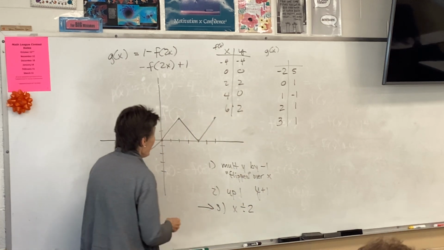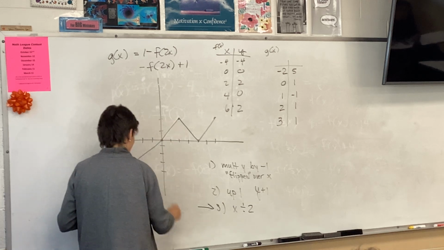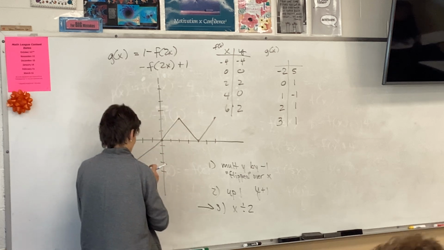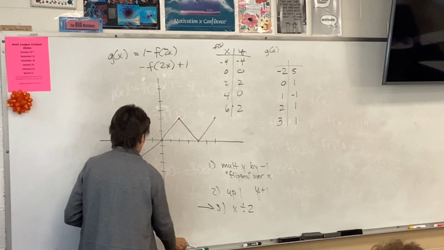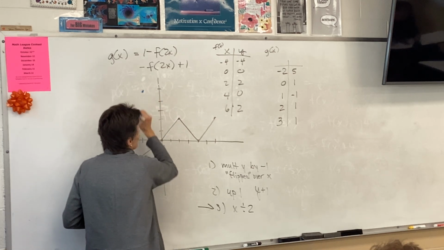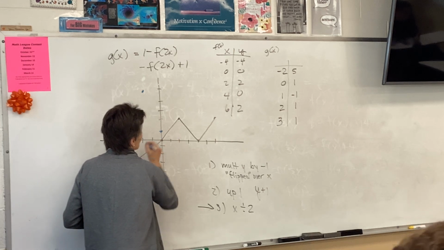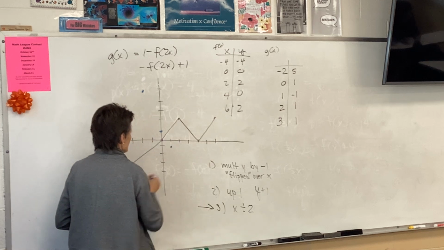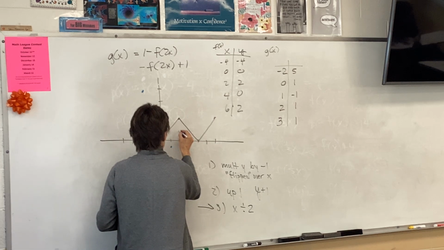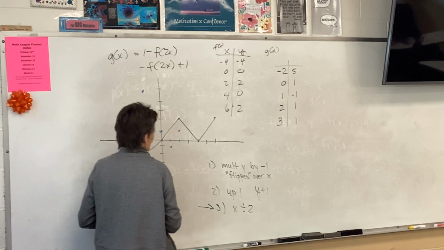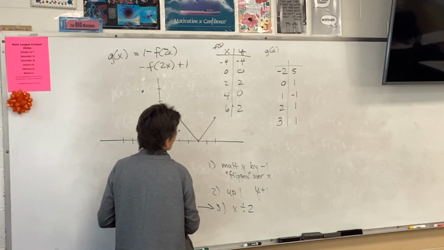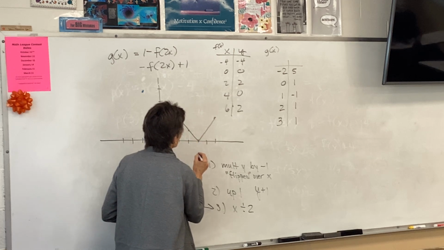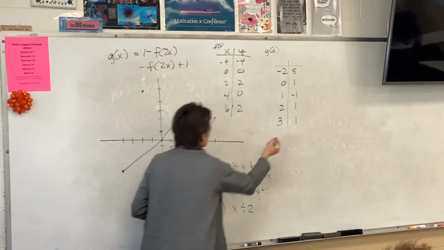So now when I plot my new points, I have -2, 5. Zero, 1. 1, -1. 2, 1. And was that 3, 1? Did I do that one wrong? That one should be -1 now.